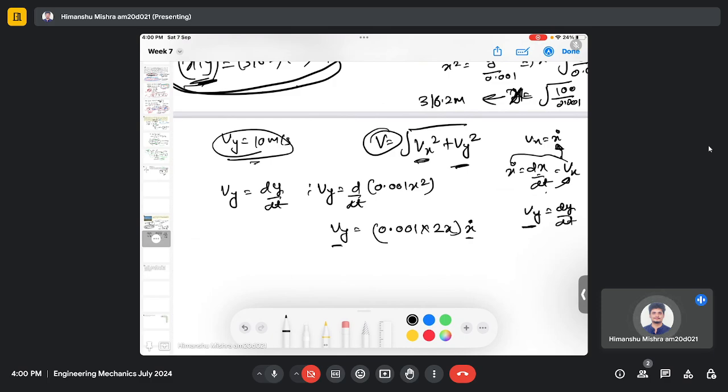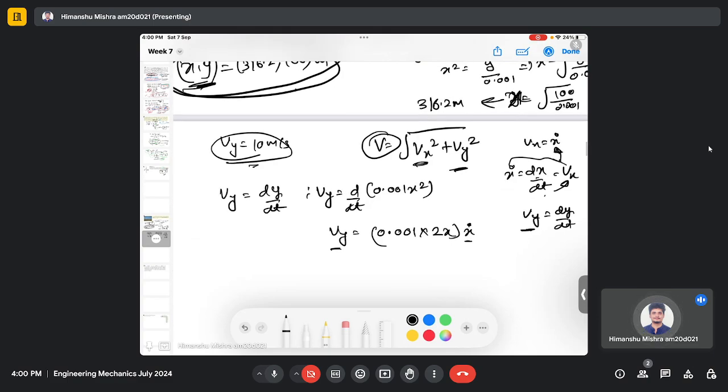Because my change of velocity in y direction can be given as rate of change of y. So the velocity in the x direction can be given as rate of change of x. So if Vy is dy by dt, then Vx is dx by dt, which is x dot. So my Vy is 0.001 2x Vx.